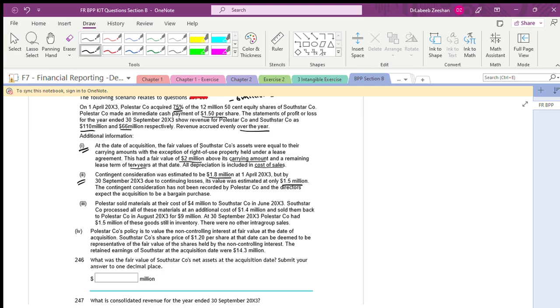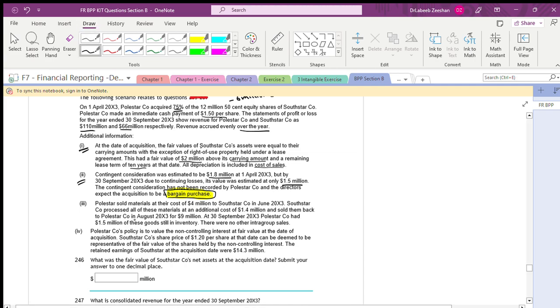So the contingent consideration was said to be 1.8 million, but after six months the value is estimated at only 1.5 million. The amount has not been recorded by Polestar, and the directors expect the acquisition to be a bargain purchase. Just go through my lectures, where I gave you a complete explanation about the bargain purchase.